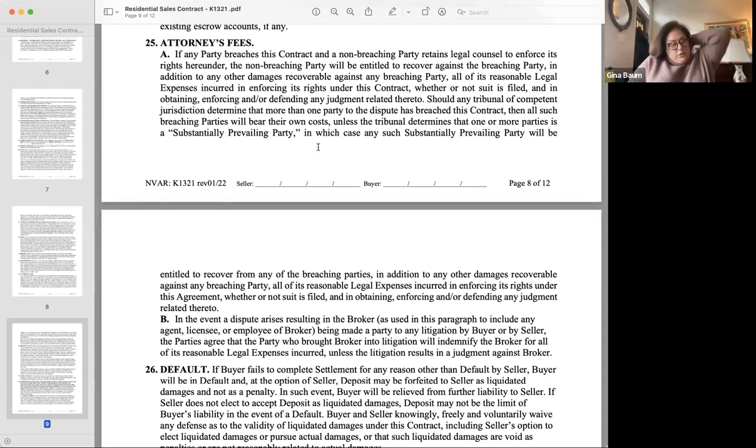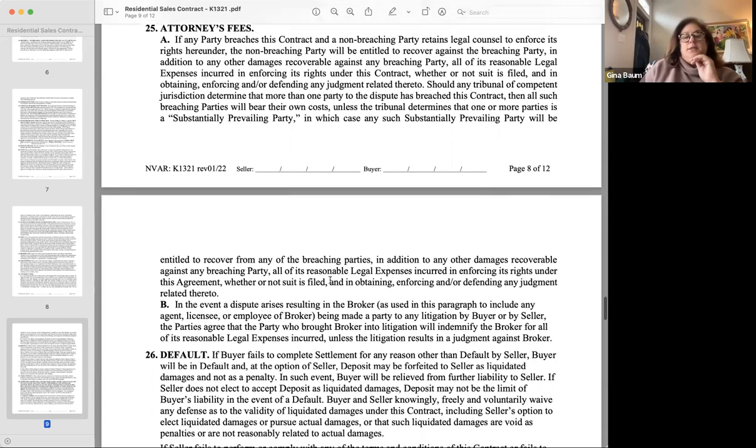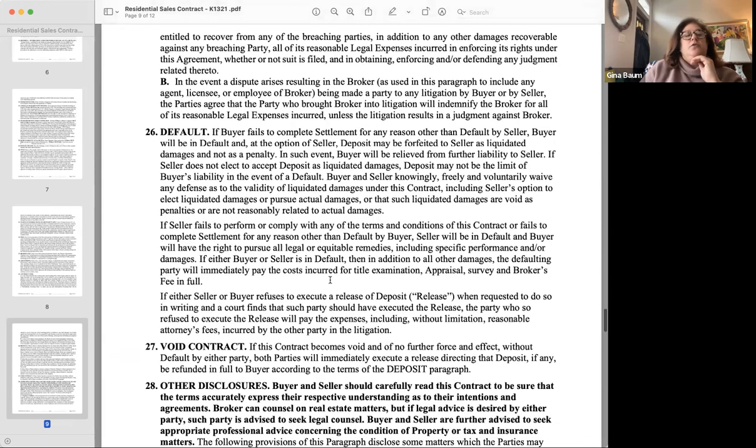So if there's a dispute and you're the substantially prevailing party, then your attorney's fees will be covered. In which case, any such substantially prevailing party will be entitled to recover from any of the breaching parties, in addition to any other damages recoverable against any breaching party, all of its reasonable legal expenses incurred in enforcing its rights under this agreement, whether or not suit is filed, and in obtaining, enforcing, and defending any judgment related thereto.